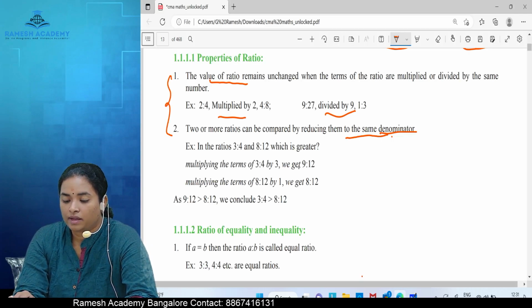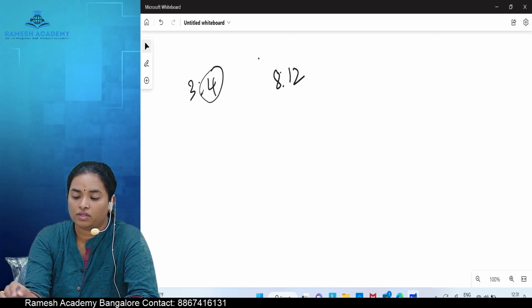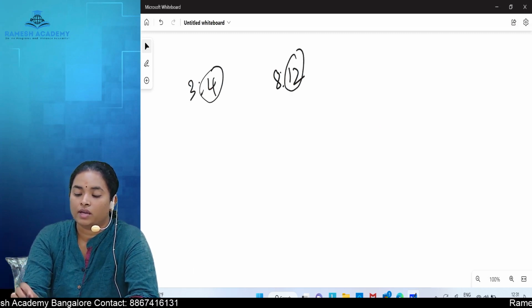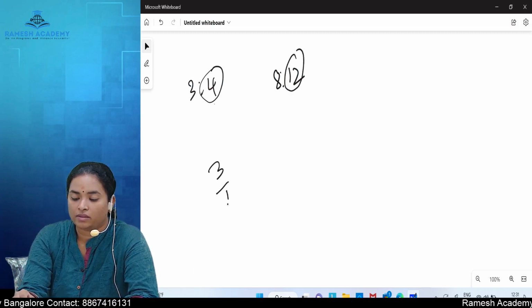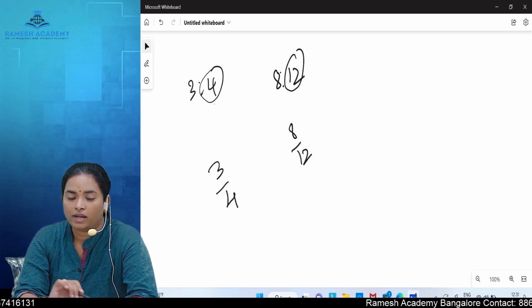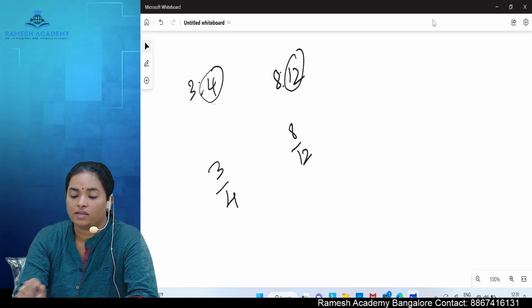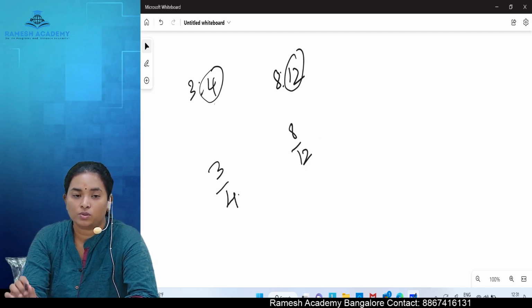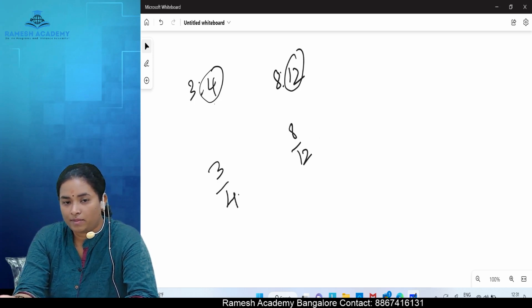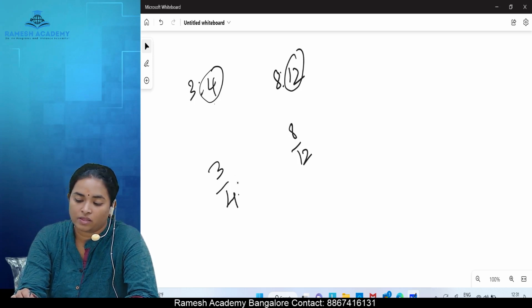Now, these can both be written as 3/4 and 8/12, right? How will I compare? The best way is you just make the denominator 12. 4, how will I make it 12? By multiplying with 3.